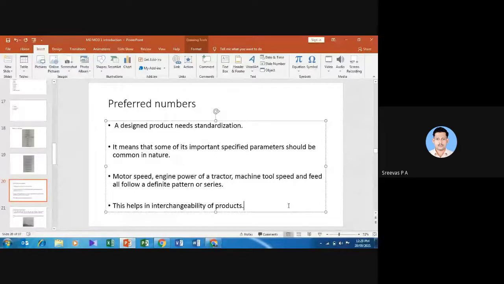So preferred numbers is a concept related to standardization. It means that some of its important specified parameters should be common in nature.